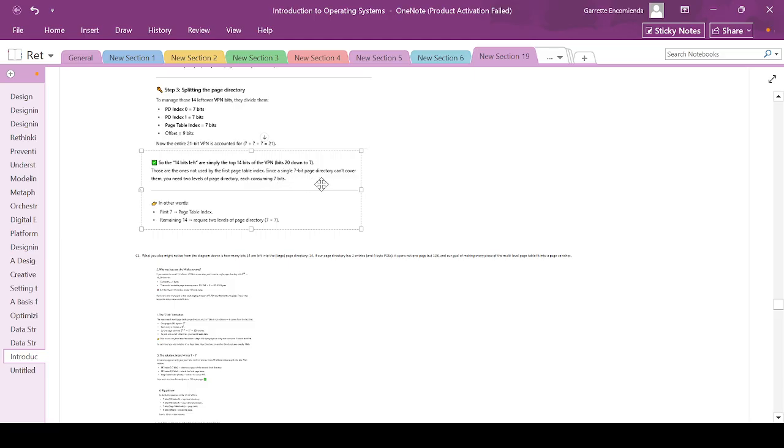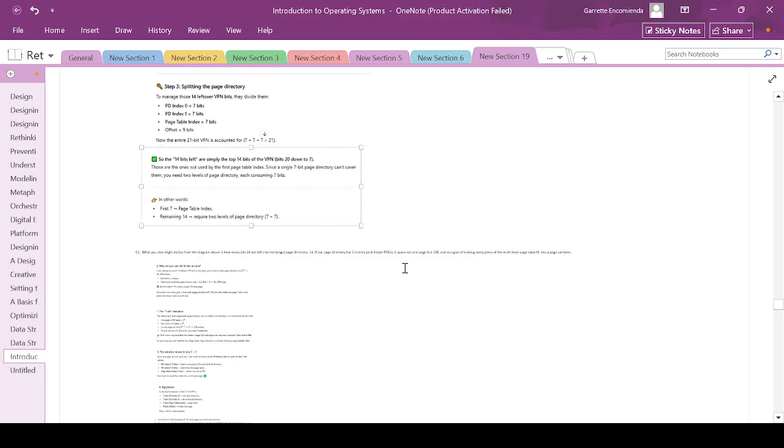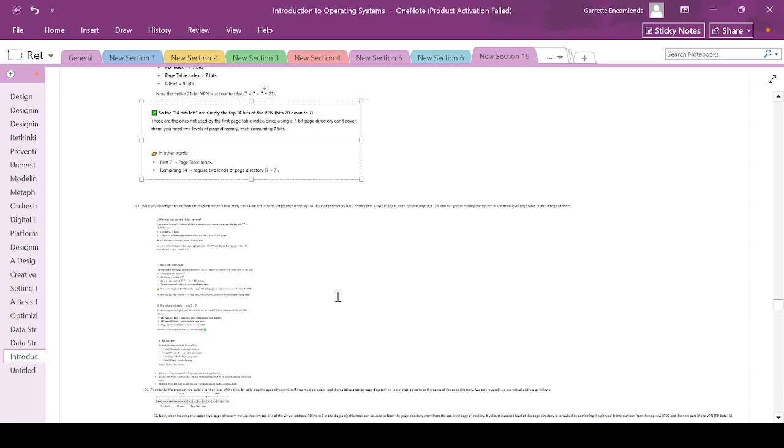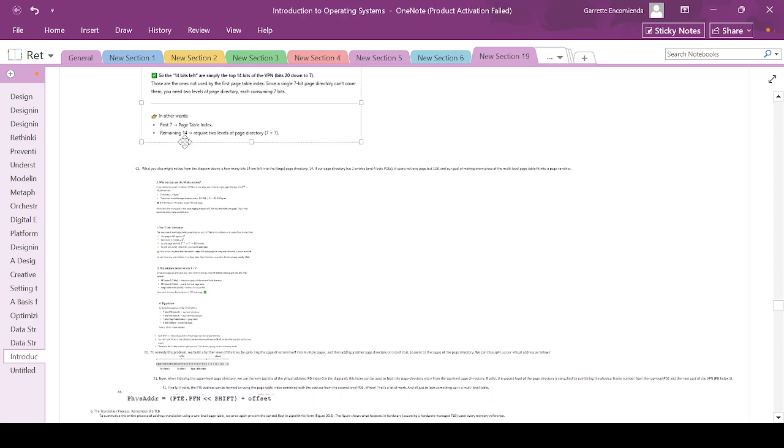Since a single 7-bit page directory cannot cover them, you need 2 levels of page directory, PD0 and PD1, each consuming 7 bits because it has 128 entries, and we need to fit each table in the size of our pages, since 7 bits gives 128 entries, or 512 bytes. In other words, the first 7 bits are the page table index, and the remaining 14 require 2 levels of page directory, which is 7 plus 7.